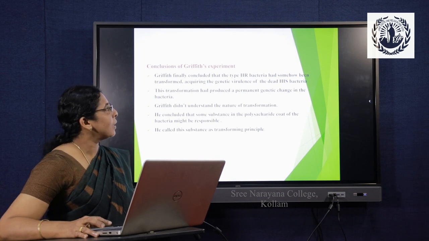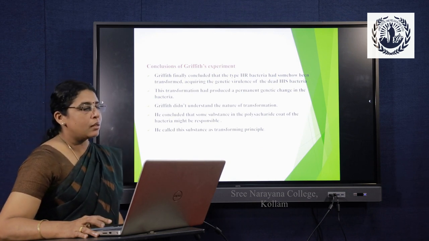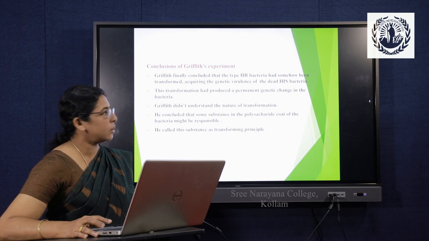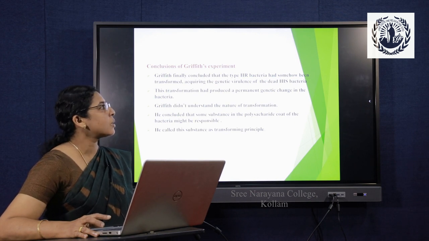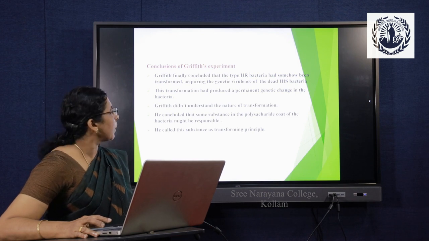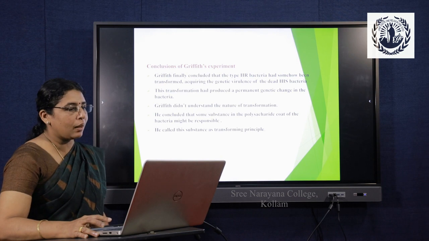From these experiments, Griffith came to the conclusion that the type 2R bacteria had somehow been transformed, acquiring the genetic virulence of the dead 3S bacteria. This transformation had produced a permanent genetic change in the bacteria.